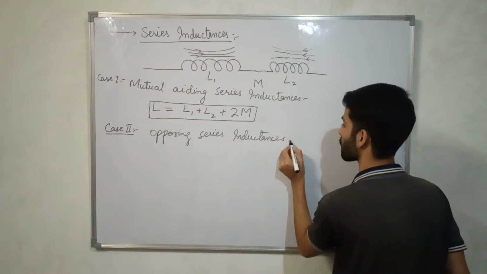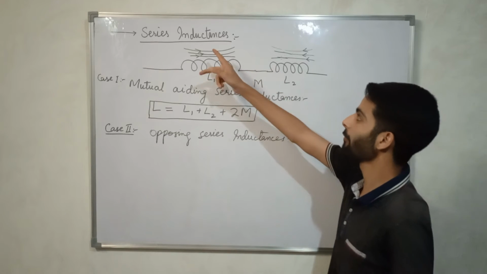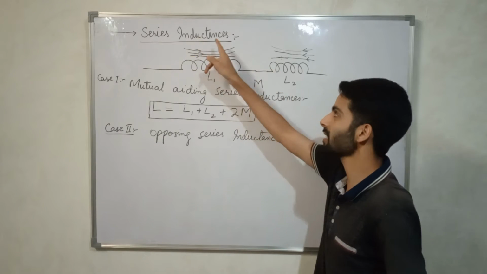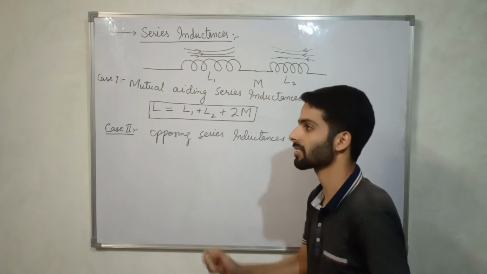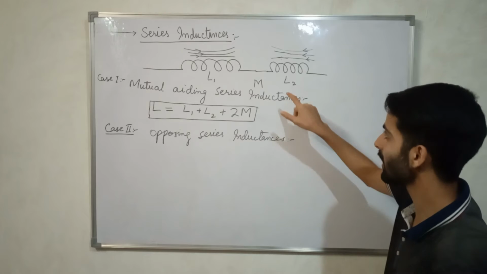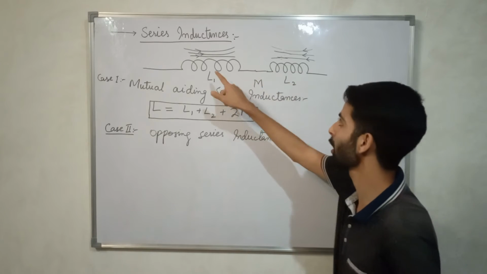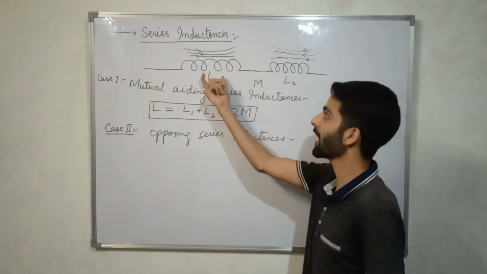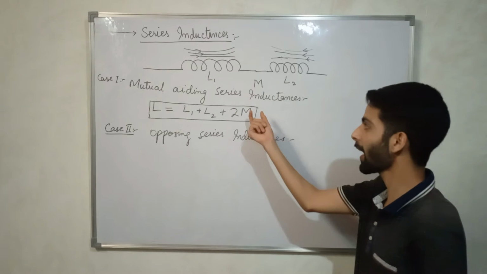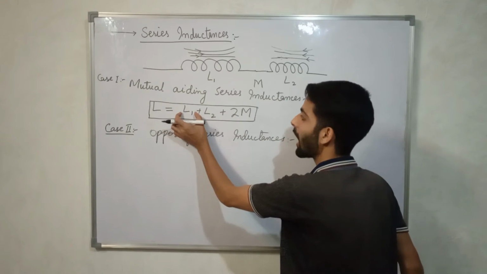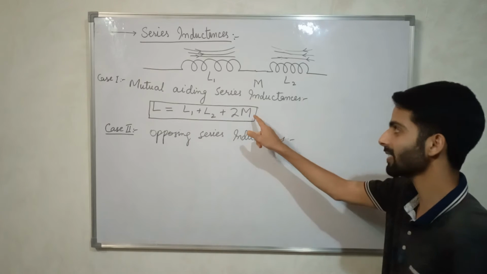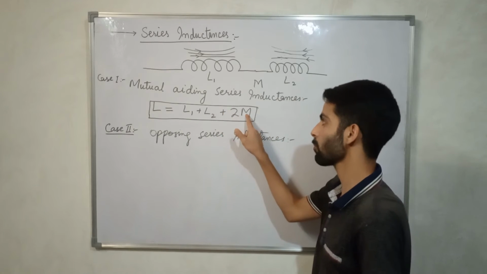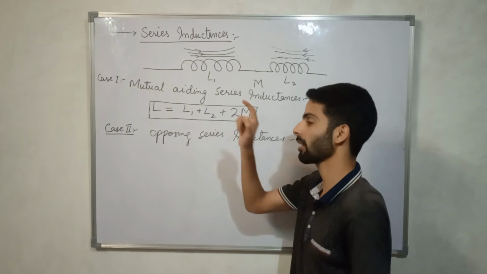In the first case, when the flux lines of each of those two inductances had the same direction, the mutual inductance between those two was aiding the self inductances. Aiding the self inductances means all the three inductances, whether mutual or self inductances, had the similar sign. M was also positive, L2 positive and L1 positive.